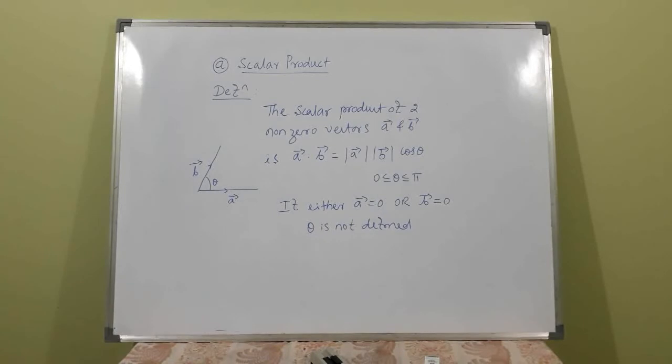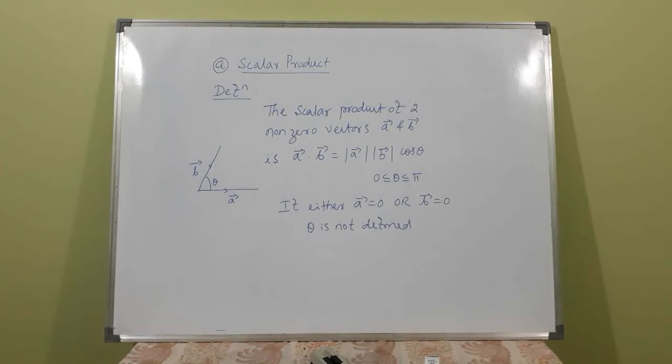Let us consider scalar product first. The scalar product of two non-zero vectors A and B is A dot B is equal to magnitude of A into magnitude of B into cos theta. See, the theta is the angle between the two vectors.